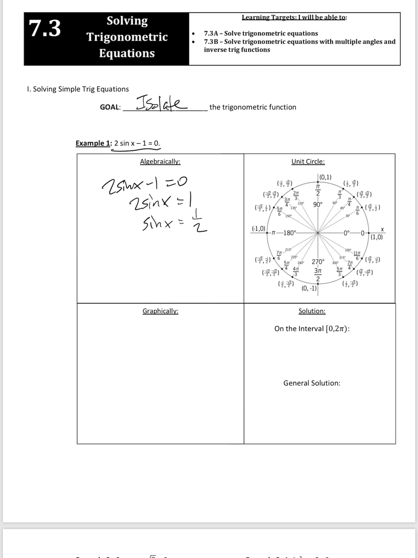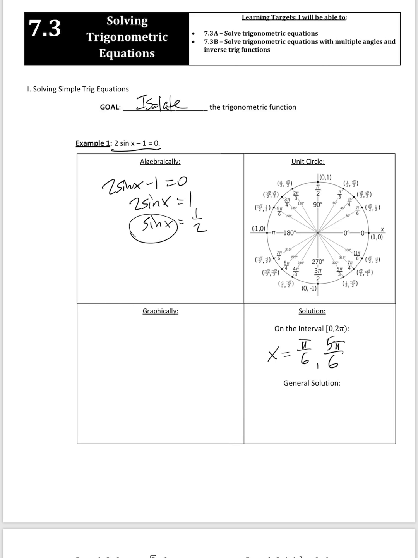So that's how we solve. So between 0 and 2 pi, x equals pi over 6 and 5 pi over 6. Because if I plug that in for x into this function, I will get 1/2. Sine of pi over 6 is 1/2. Sine of 5 pi over 6 is 1/2.